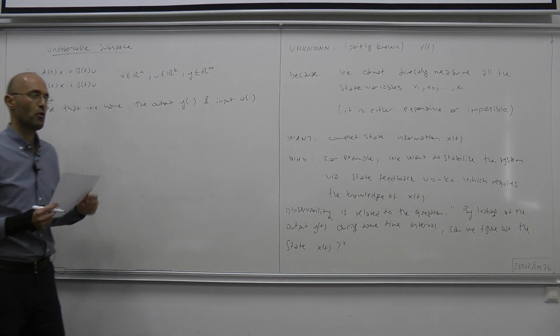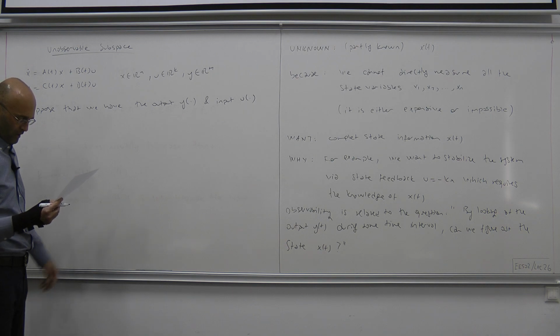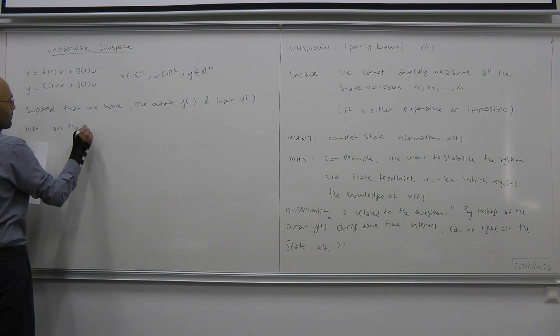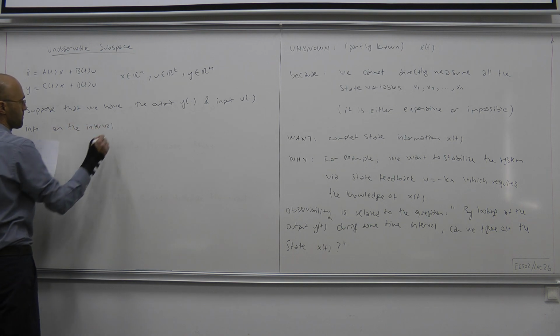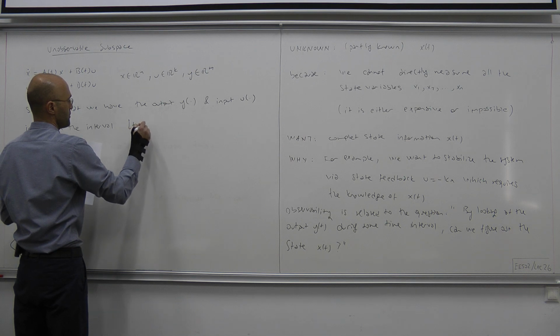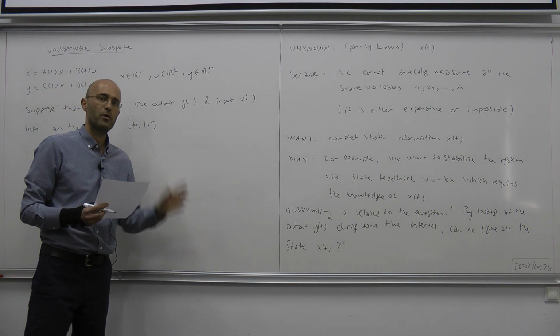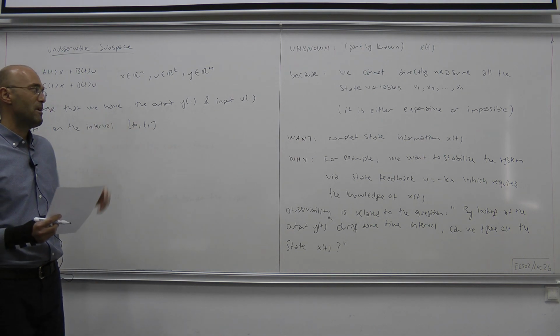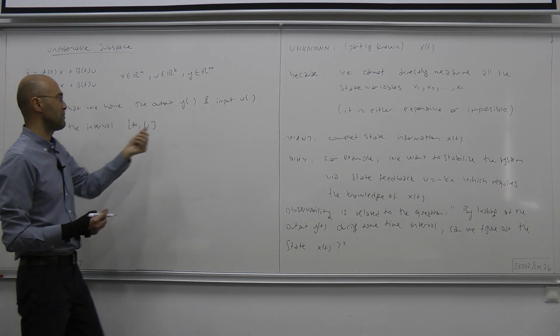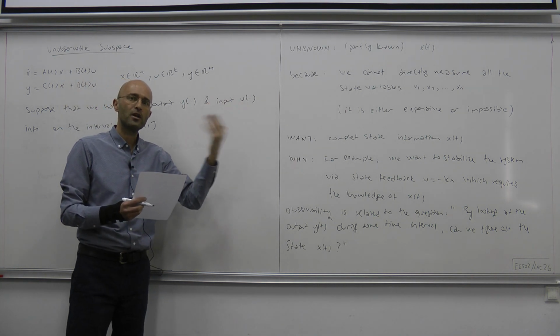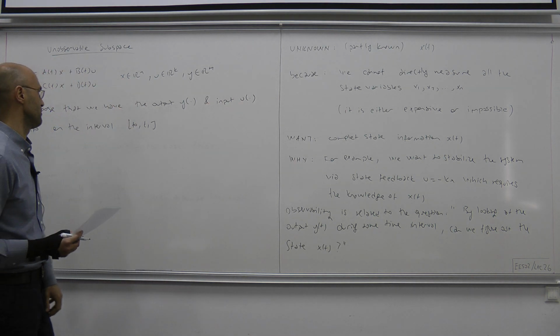We have access to those two signals. Okay. On the interval from t0 to t1, let's say. Okay, from Monday to Tuesday, we are allowed to observe the measurements, collect measurements from the system, and during this time, we also record what we apply to our system.